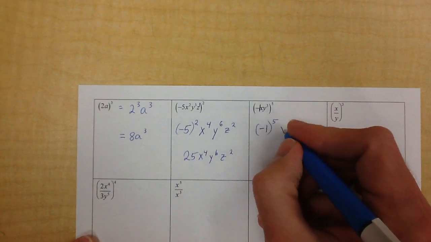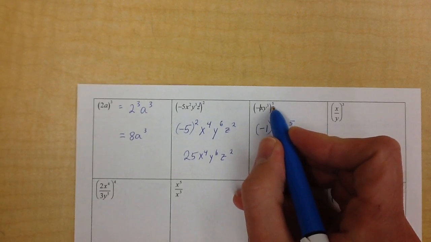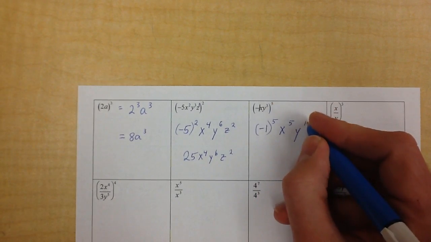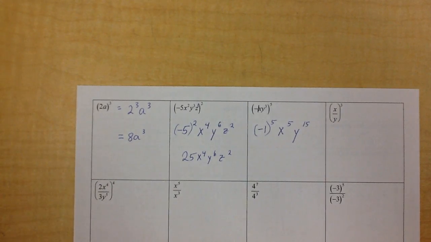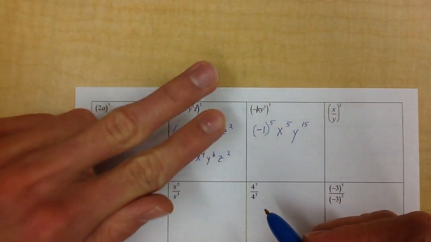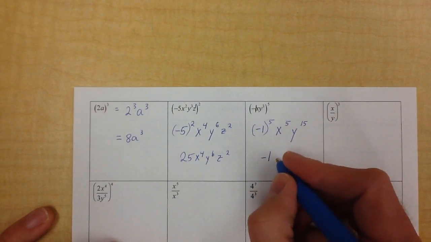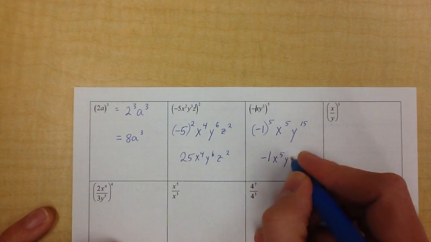Negative 1 to the 5th, x to the 5th, and y to the 3rd to the 5th. Oh, wait, that means I multiply. Okay, and you could write it like that, but you're not quite done. Negative 1 to the 5th power is negative 1 times negative 1 times negative 1 times negative 1 times negative 1. That is, well, negative 1, x to the 5th, y to the 15th.